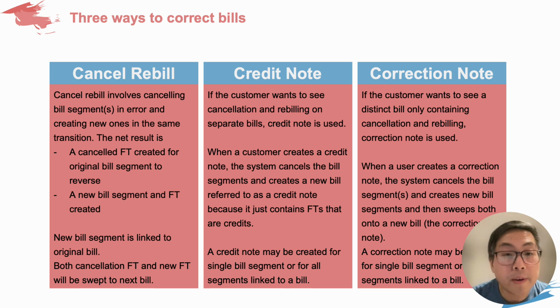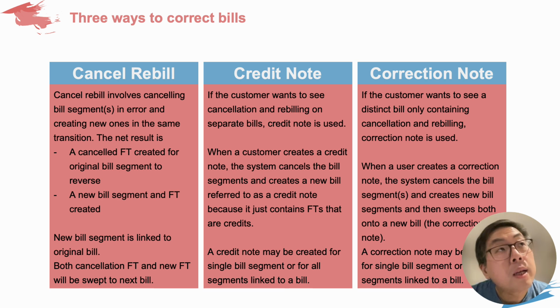If you want a very clean bill which only contains cancellation and rebilling, a correction note will be needed. When a user creates a correction note, the system cancels the bill segments and creates a new bill segment, then swaps both onto a new bill, which is the correction note.